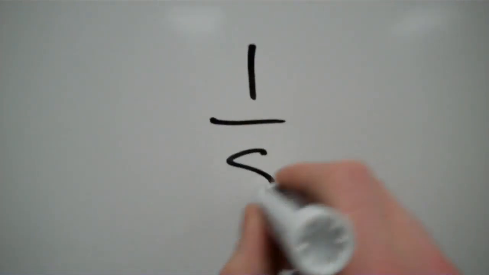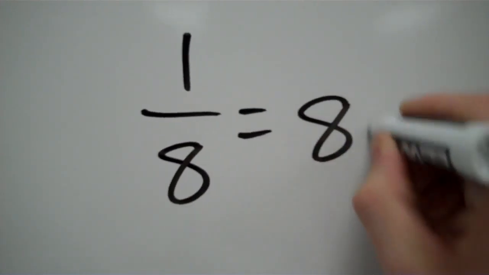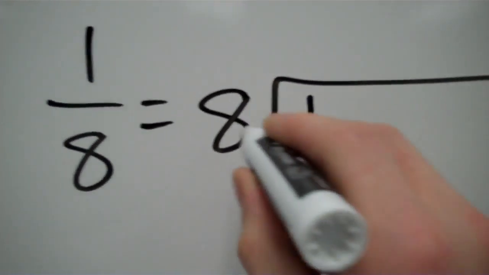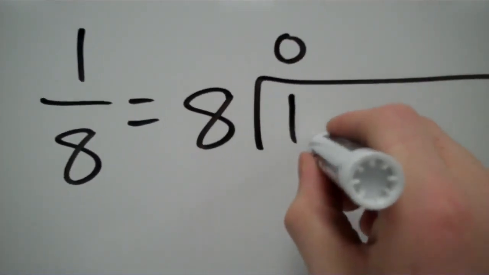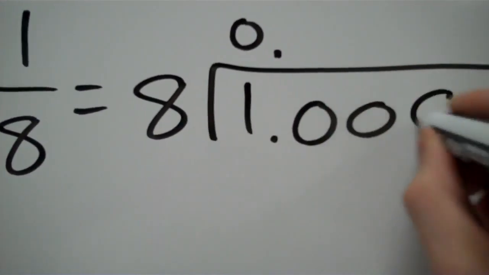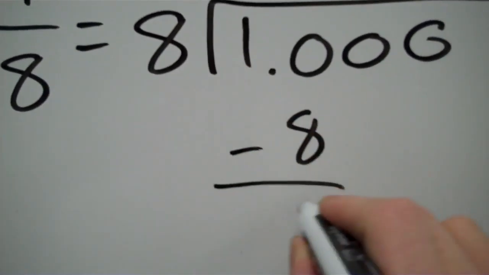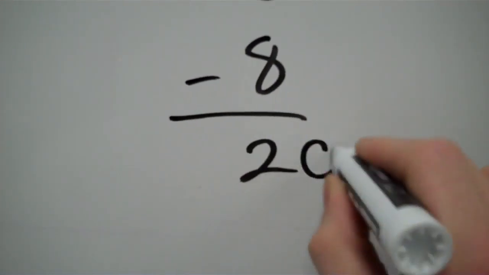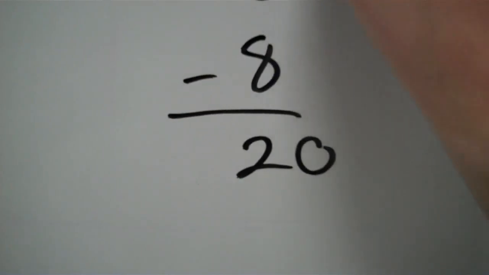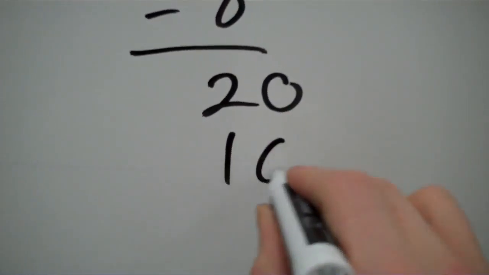So the first thing, we got to change it into a decimal. So I got 1/8 is equal to 8 into 1. Well, 8 goes into 1 0 times, but I'm going to add a decimal point and a couple zeros in case I need them. 8 goes into 10 once. I get a remainder of 2. I bring down another 0. 8 goes into 20 twice. 2 times 8 is 16.